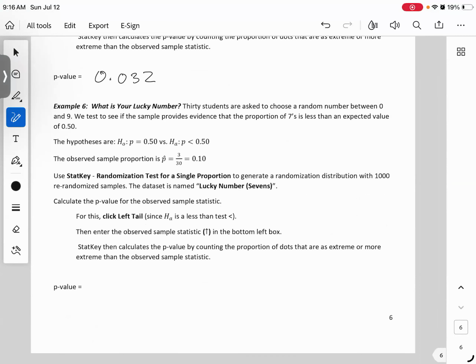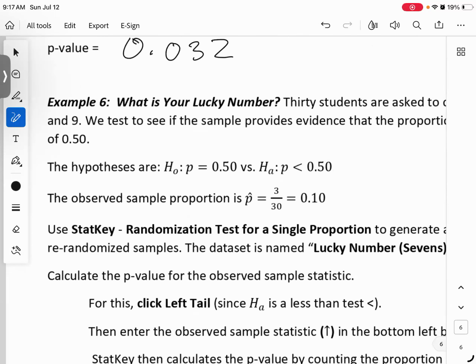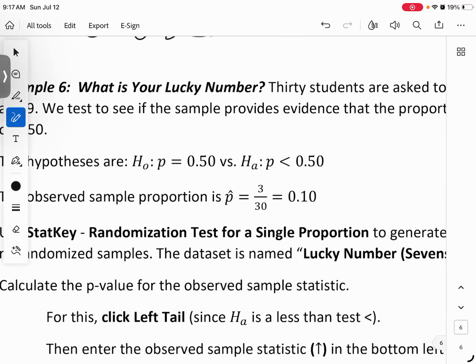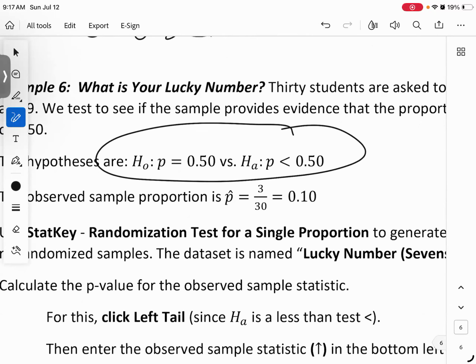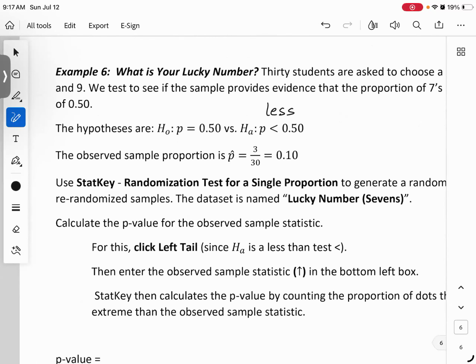Now I want to do one more last example, using StatKey to help us calculate p-values. But this time I want to do something that's based on a proportion. Again, someone might be arguing, hey, the proportion is only going to be 50%. But then someone else comes along and says, no, I think it's going to be less than 50%.